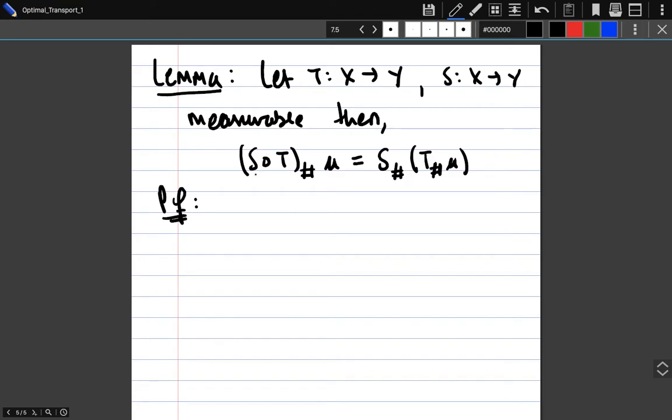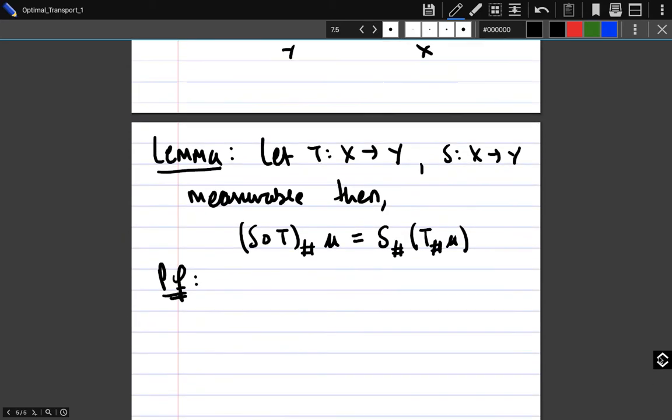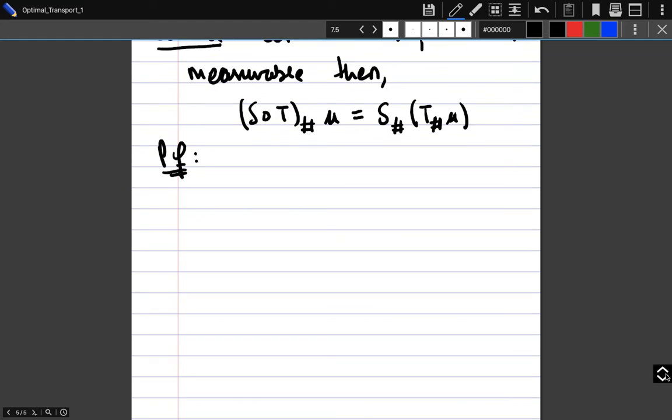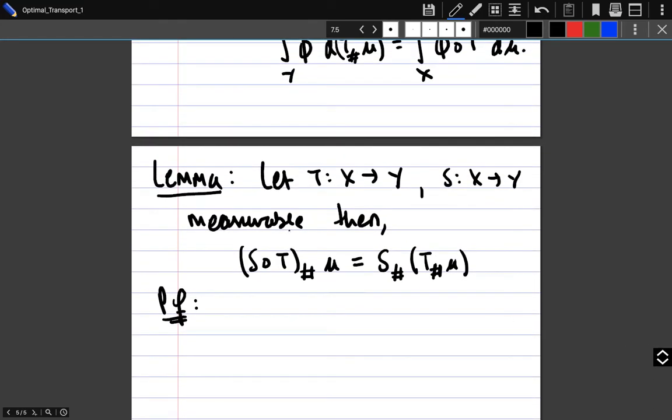So how do we do this? We have to just use what we know. We know this corollary, and this is exactly what we're going to use. So remember, we want to show an equality between two push-forward measures, and the way we do that is we take a bounded measurable function and integrate it, and then by some reductions, we show that one integral is equal to another with respect to another measure, and then we're done.